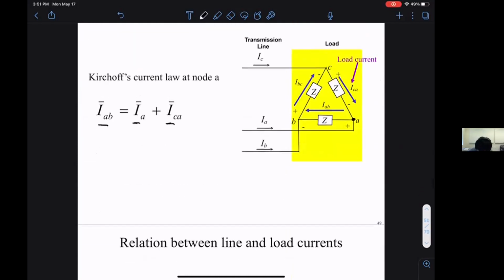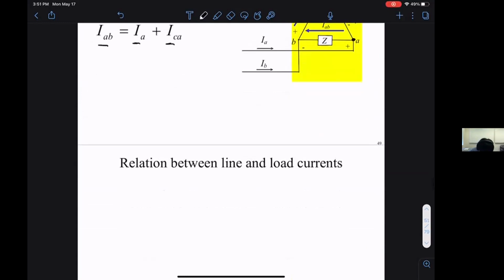Then if you rearrange this equation, what we have is IA equal to IAB minus ICA. So this is what I have. If you plug this into the equation, IAB is, let's say, some current value, IAB angle minus theta.